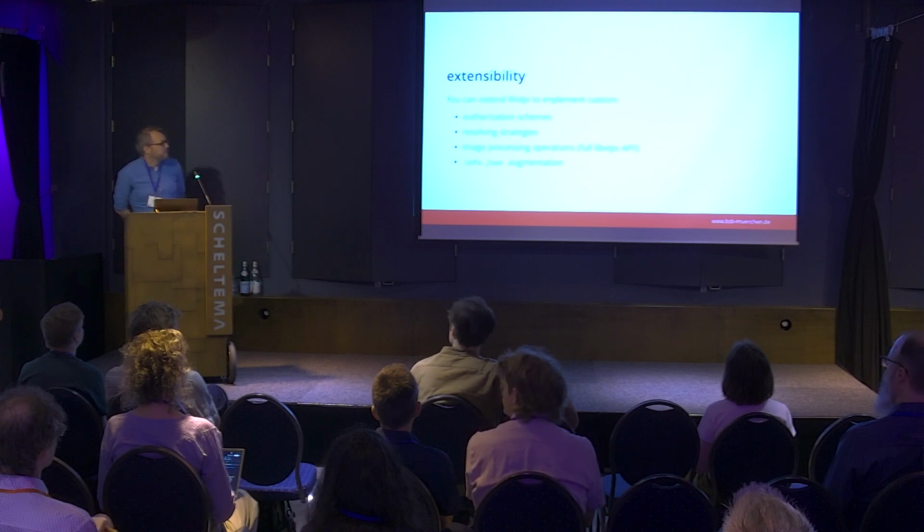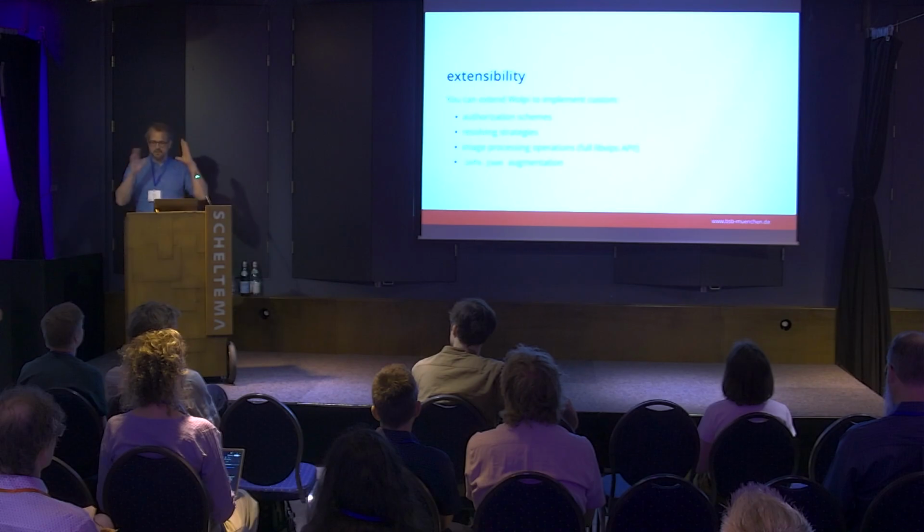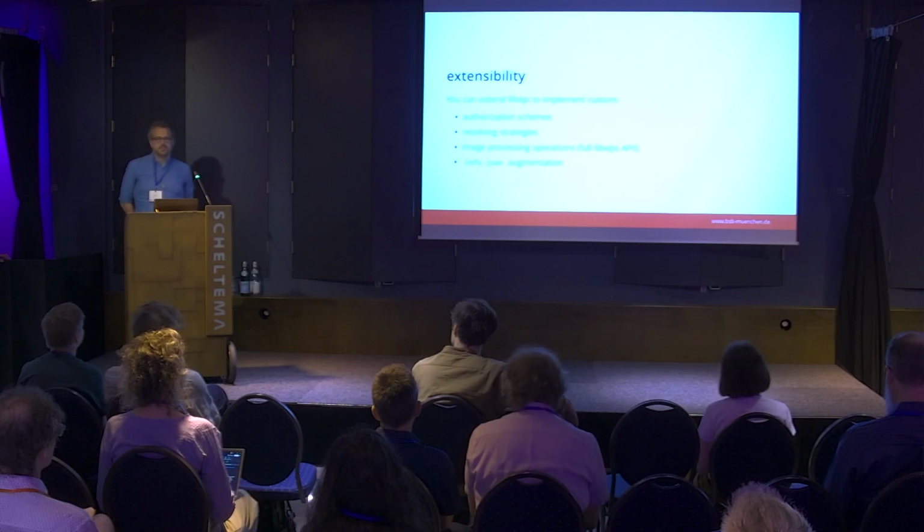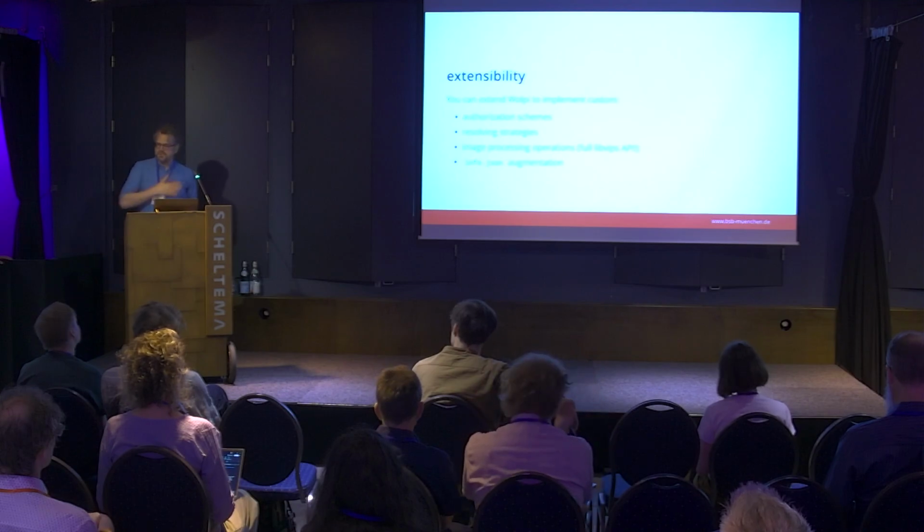Even more powerful is that you can also hook into the image processing pipeline. So say, for example, you have an AI job in your cluster that needs a specific cropping strategy, like a center crop, which is pretty common in image processing for AI. And you can write an extension that implements a custom cropping verb for IIIF that then will apply your custom logic to your image and then proceed with the rest of the pipeline.